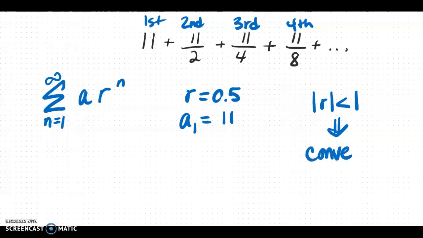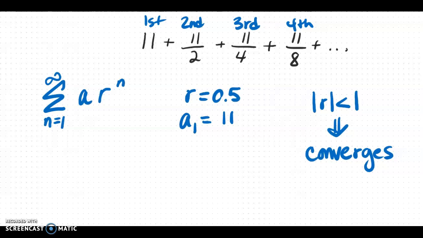I'm using what's called the geometric series test to decide that. The geometric series test says that if you have a geometric series, it converges if and only if the absolute value of R is less than 1. And if it's not, then it's going to diverge.